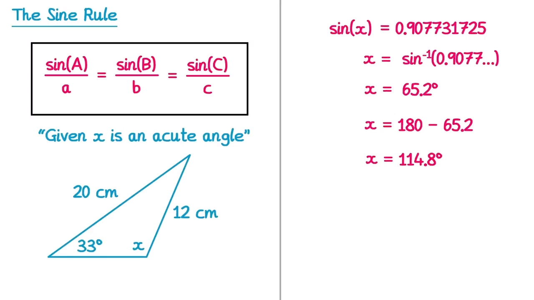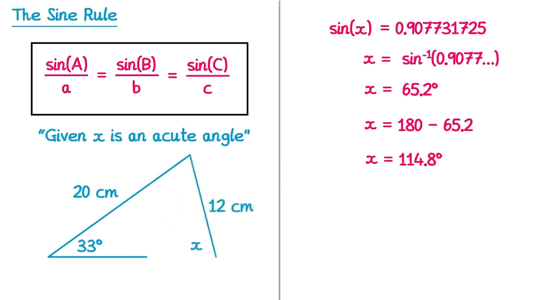However, there's a new problem now. The diagram doesn't look like that's 65.2 degrees. It looks like an obtuse angle. So what's happening here? Well, it turns out there are two possible ways of drawing this triangle. What we can do is move this 12 centimeters across like this and extend that bottom line, and we haven't actually changed any of the information of this triangle at all.